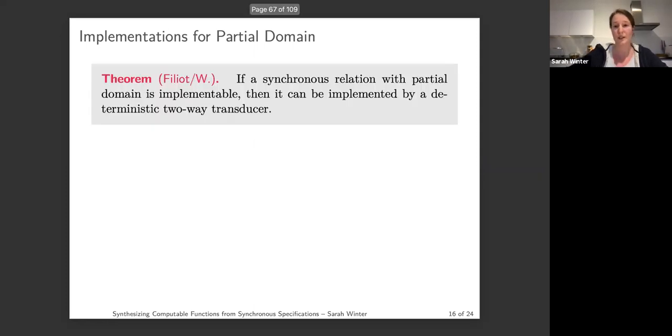It turns out we don't. If there is an implementation for a synchronous relation with partial domain, then it suffices to have a deterministic two-way transducer that implements it.